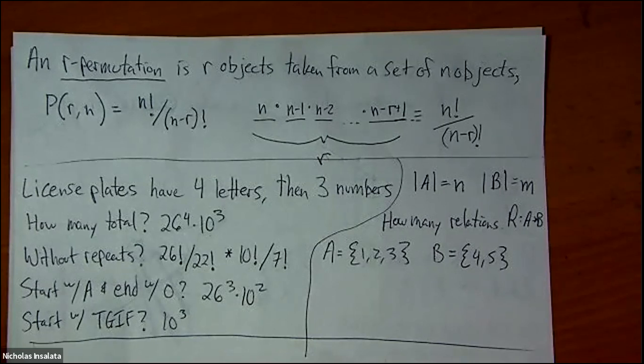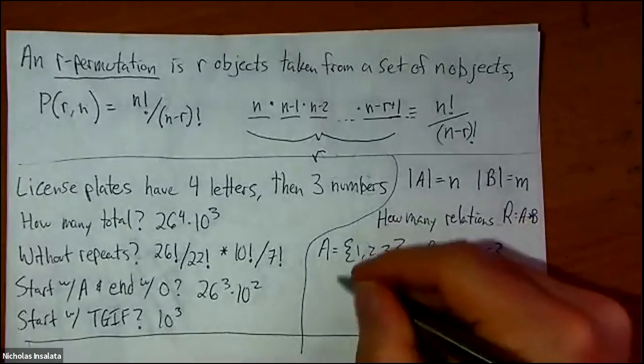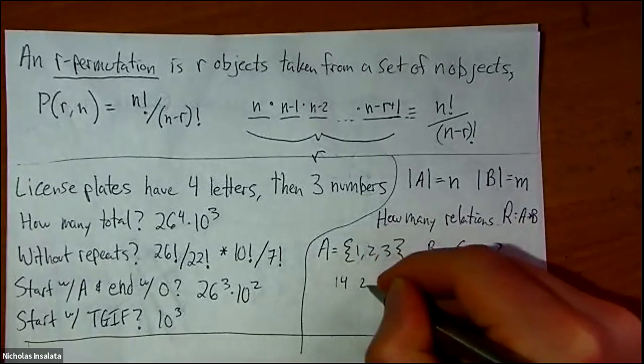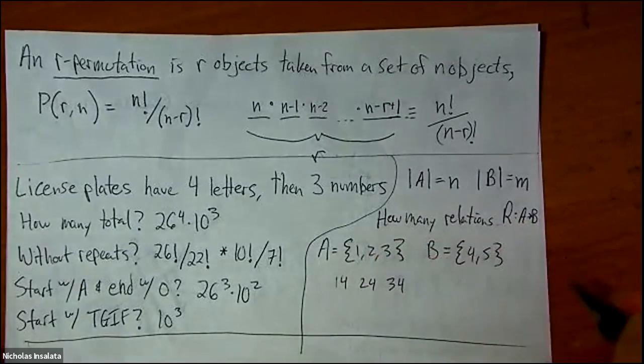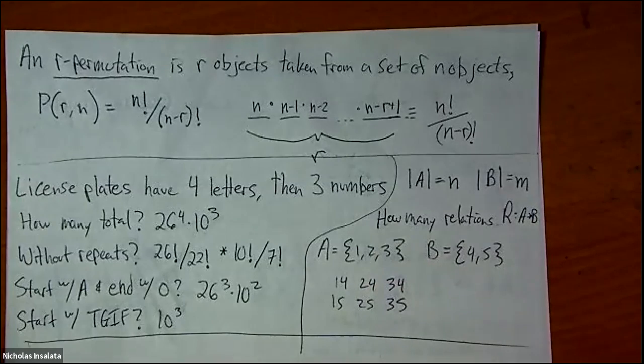How about that? Not 3 times 4. Close. You're one too big on each number there. Three times 2, right? 3 items here, 2 items here, because you would have 1 4, 2 4, 3 4, and then 1 5, 2 5, and 3 5. So 6 total. You got it.